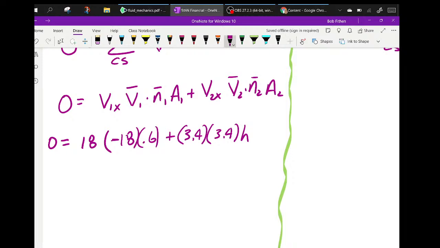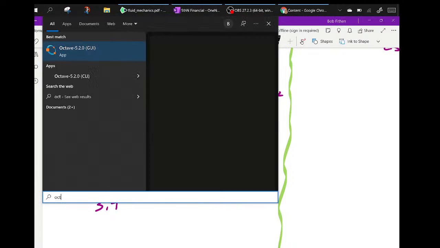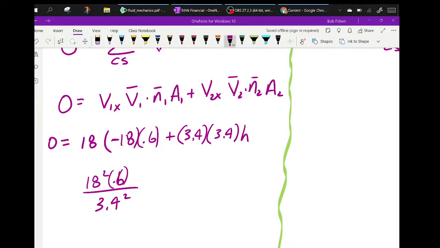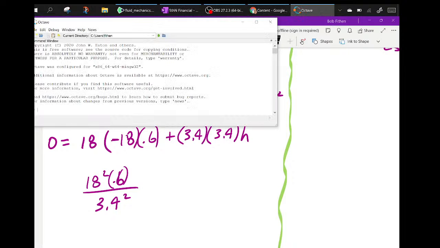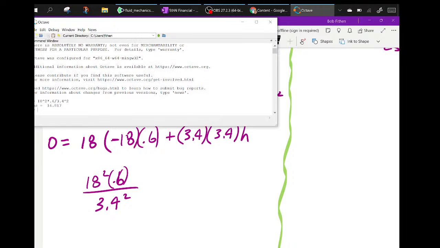This means, move that over, 18 squared times 0.6 divided by 3.4 squared. 16.817.